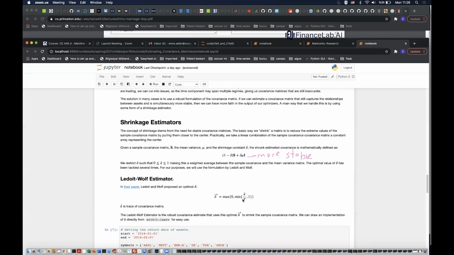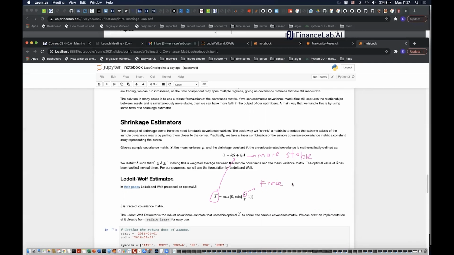One such estimator, and we're not going into detail, is the Ledoit-Wolf estimator, where this parameter is selected. This parameter in the main equation is related to the trace of the covariance matrix. This has been shown to perform quite well in practice.